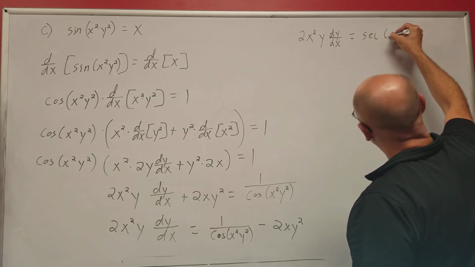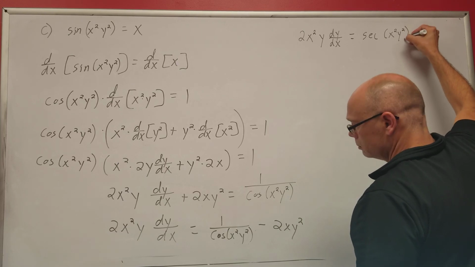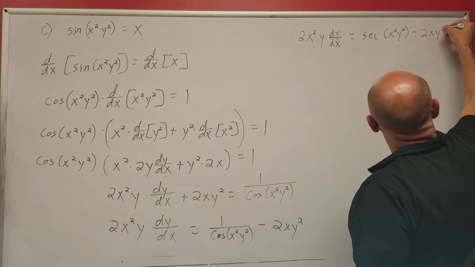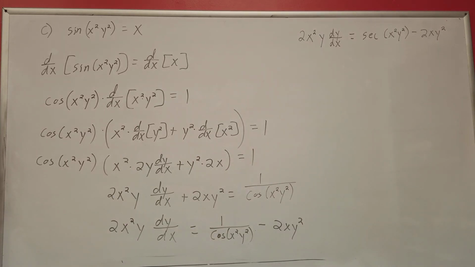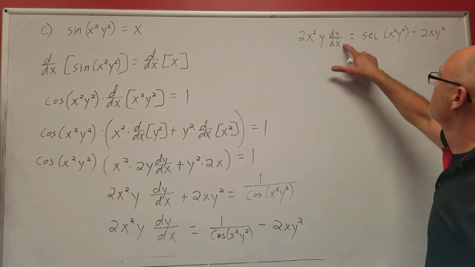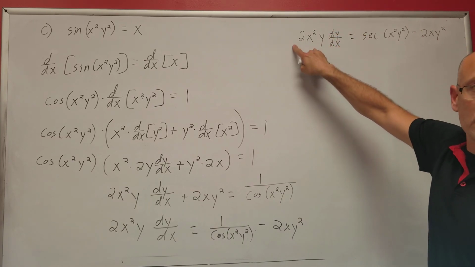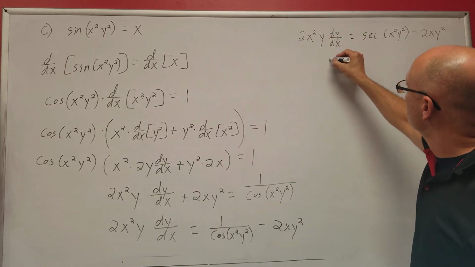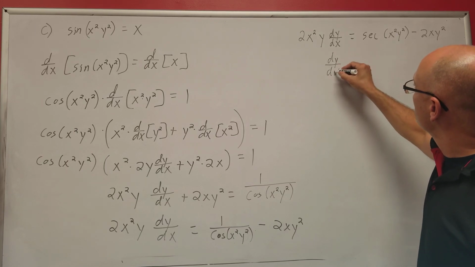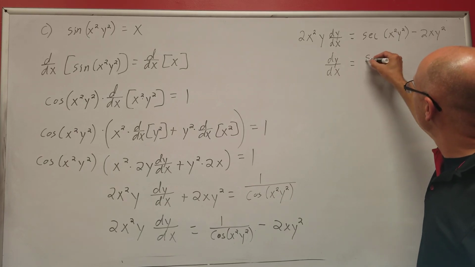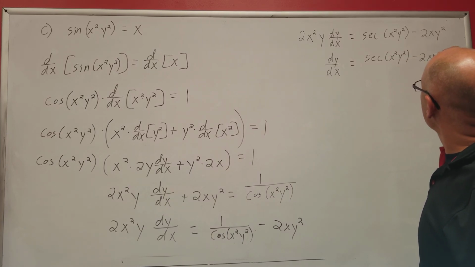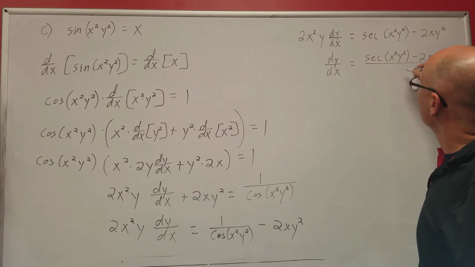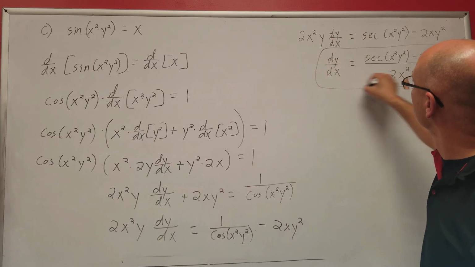The secant of x squared y squared minus 2xy squared. All right, let's go ahead and solve for this dy over dx. So we're going to divide both sides by 2x squared y. So we'll have dy over dx is equal to the secant of x squared y squared minus 2xy squared all over 2x squared y. There we go.